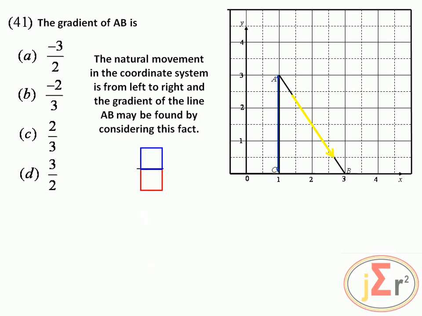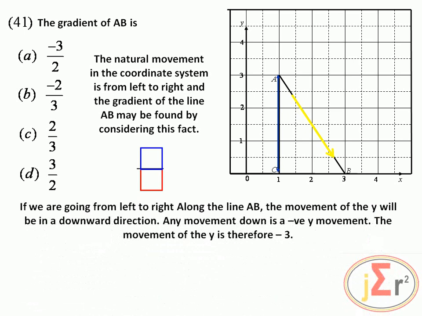So what do we know? If we are going from left to right along the line AB, the movement of the y will be in a downward direction, as we can see right there. Any movement down is a negative y movement. The movement of the y is therefore negative 3.